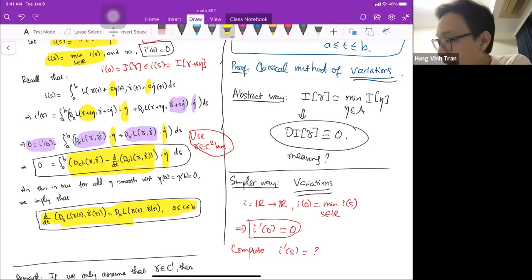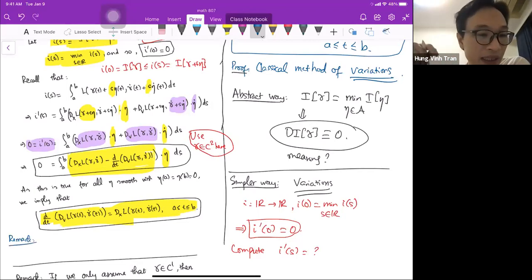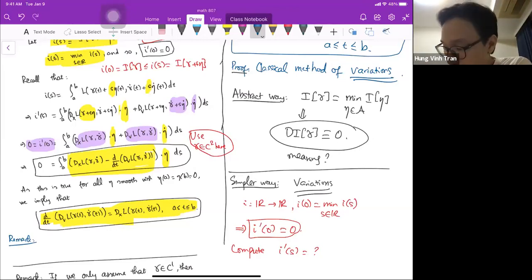Okay, and in fact, as a remark, you can also compute explicitly what this term is. It's not too nice, but it's computable. You just differentiate in t.